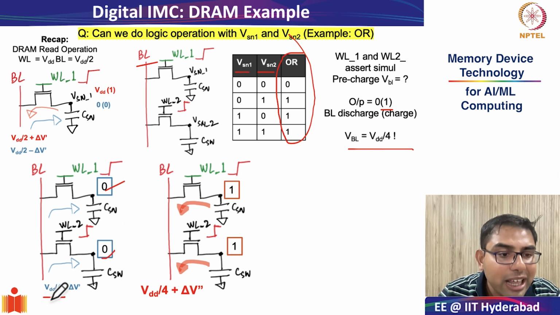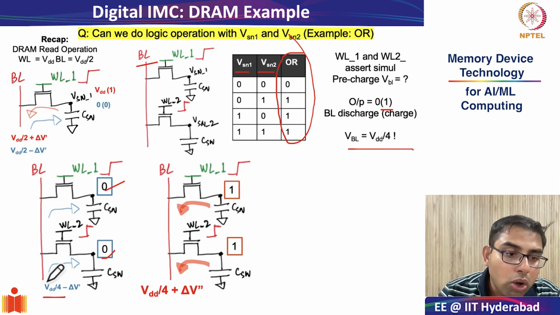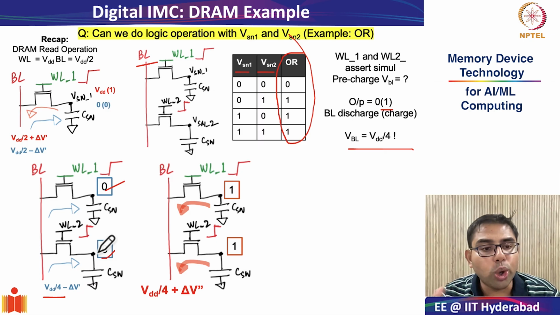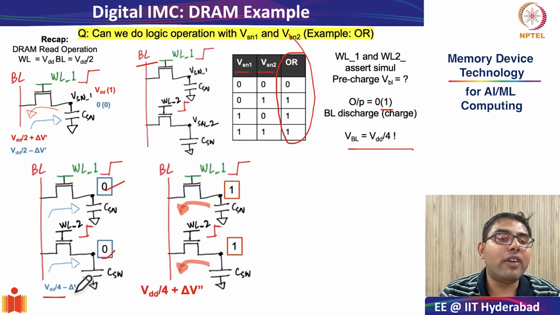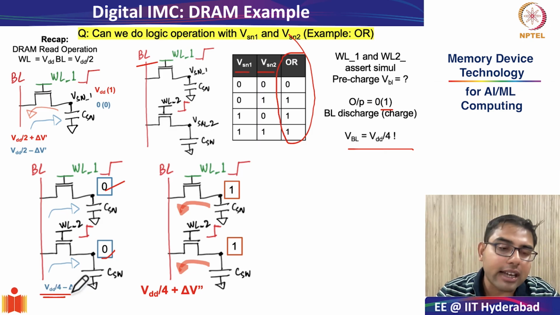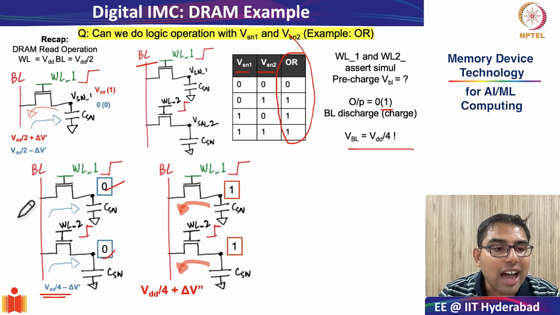Because this is VDD by 4 and this is 0, there will be a read current flowing from the bit line into the storage node, from higher potential to lower potential, and this will definitely lead to the discharge of the bit line. And this discharge of the bit line can be easily detected by the sense amplifier to give an output of 0. So we have achieved 0 OR 0 results in 0 using this biasing.